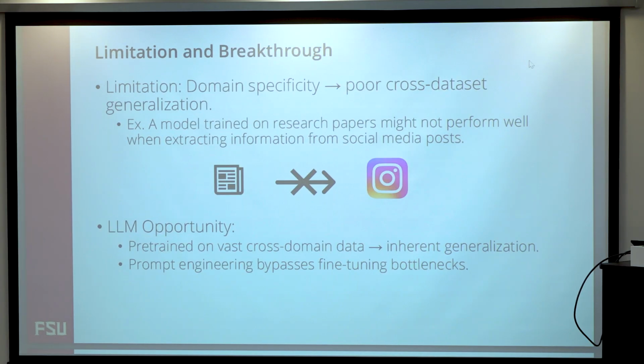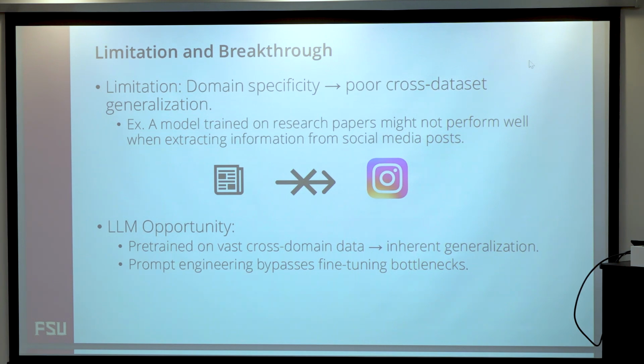But there's also a problem with this approach: when we try to apply a model trained on biomedical literature to another domain that's not related to biomedical, it will have a pretty bad result because of overfitting.